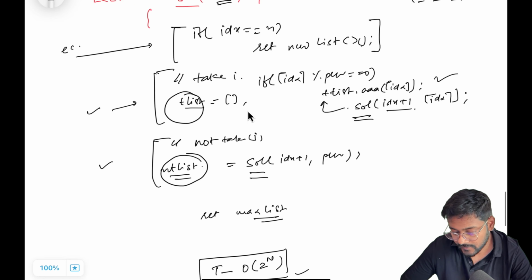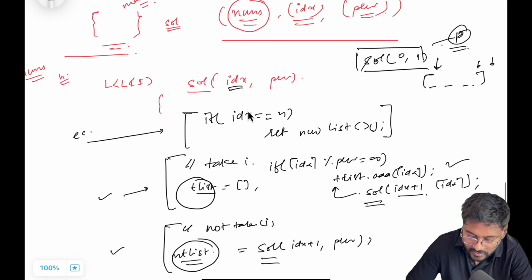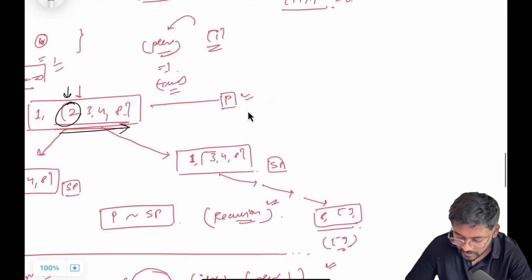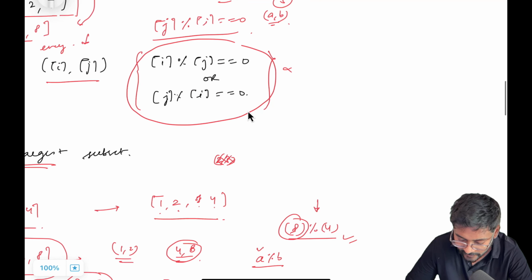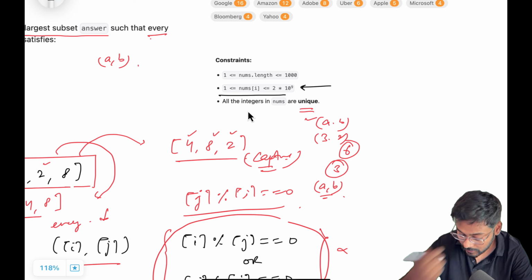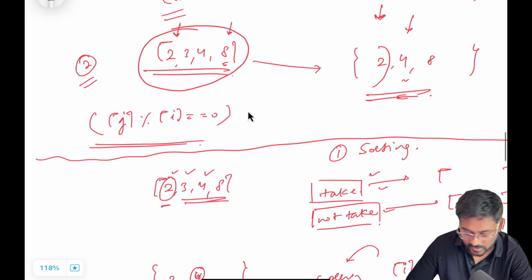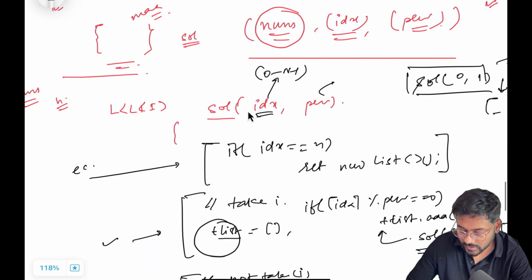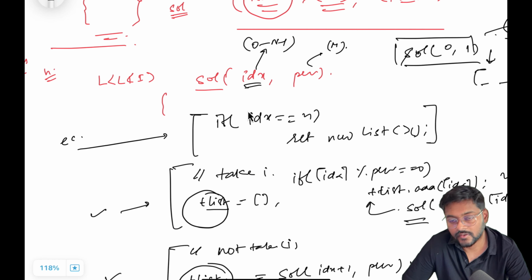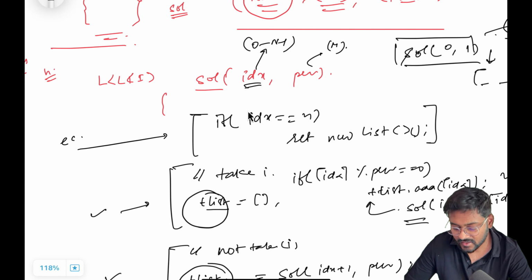But here we can see the index value will go from 0 to n minus 1. And what can be the previous value? For that we have to look at the constraints. nums[i] can be anything, so it can go till maybe order of m. m is the size of the previous element, n is just the index.